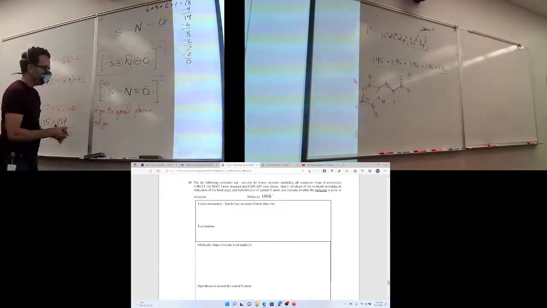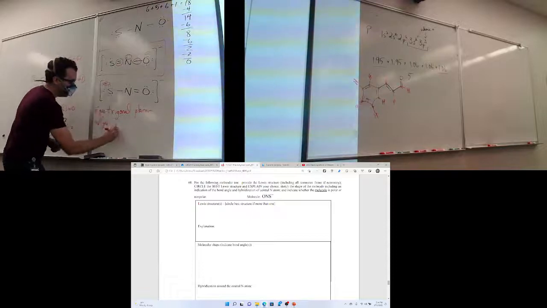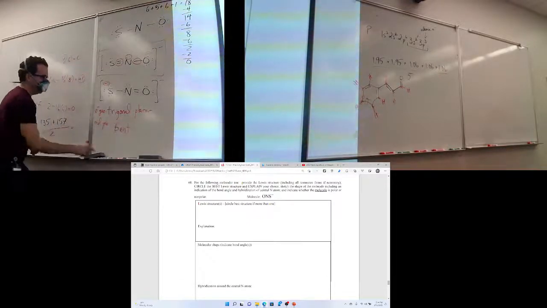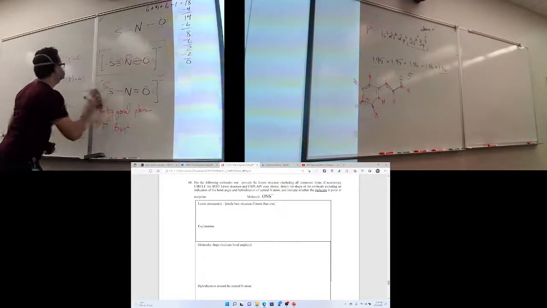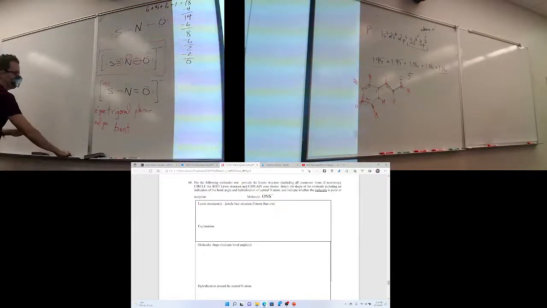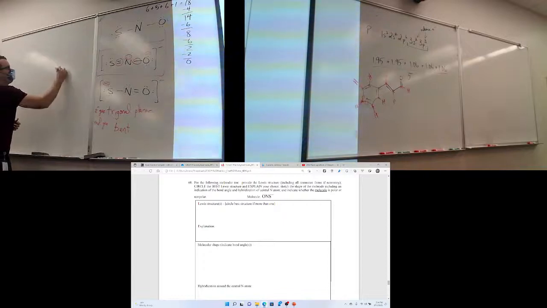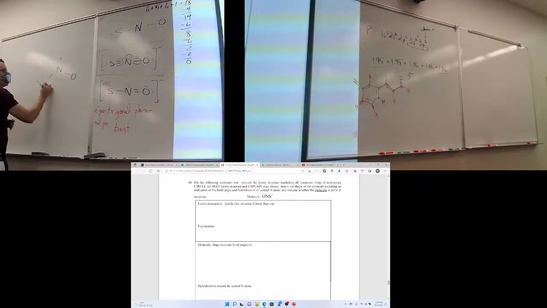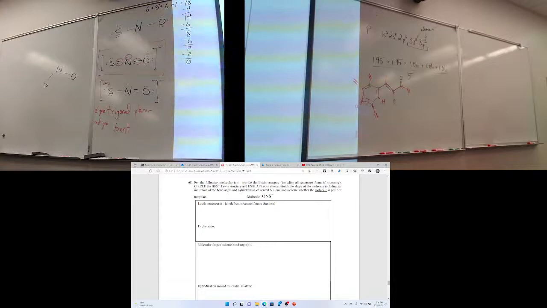So really what we're left with is a bent shape. Right? We start off with this trigonal planar shape. So trigonal planar around the nitrogen, 120 degree bond angles. There's an oxygen here, a sulfur here, and there's nothing here. Just a lone pair. So we keep that bent shape. That's what it looks like.